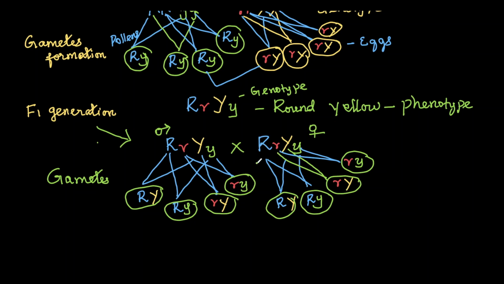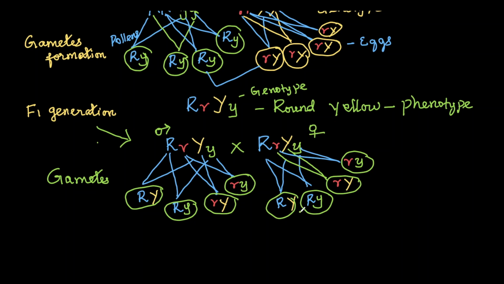This is the way the formation of gametes takes place in the male plant. The same way, four different gametes are produced from the female plant also.